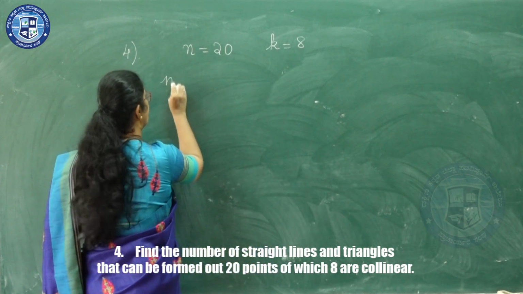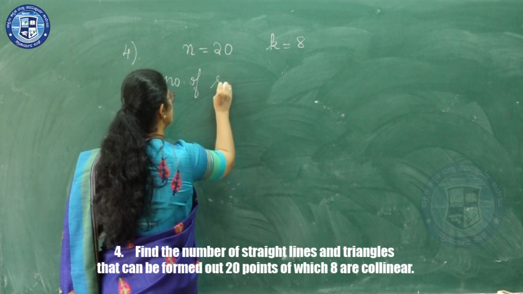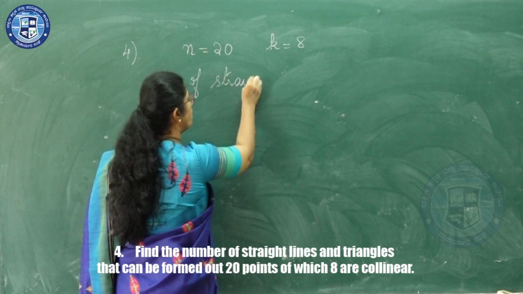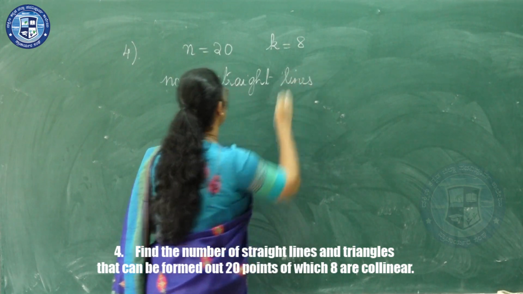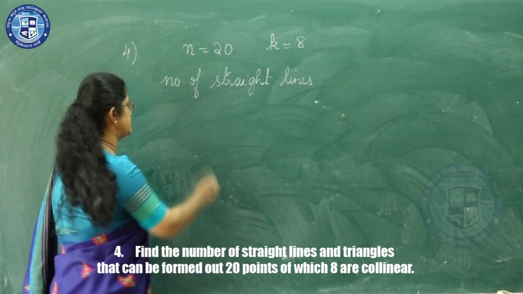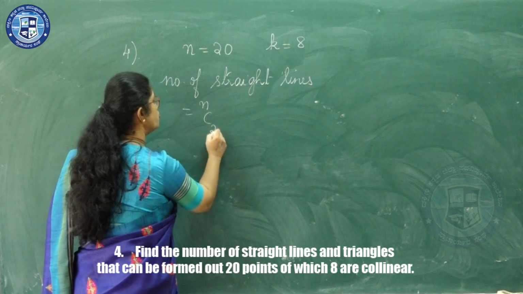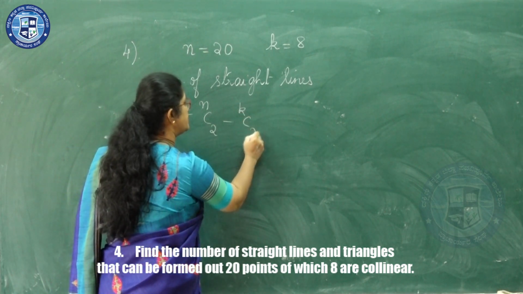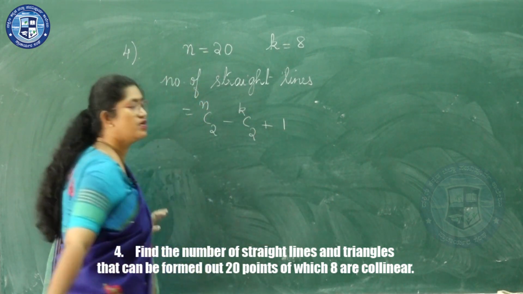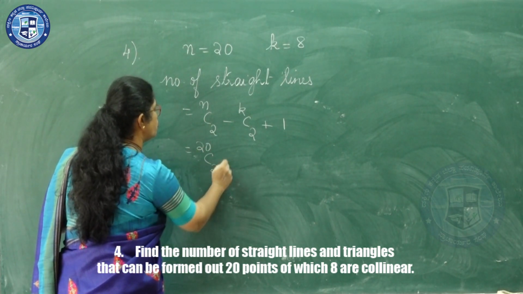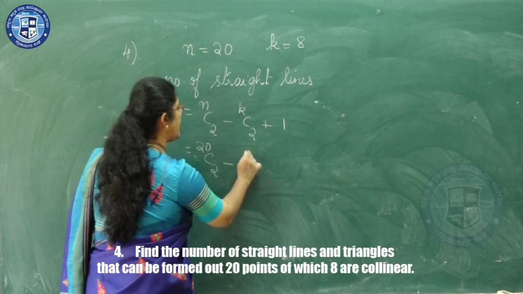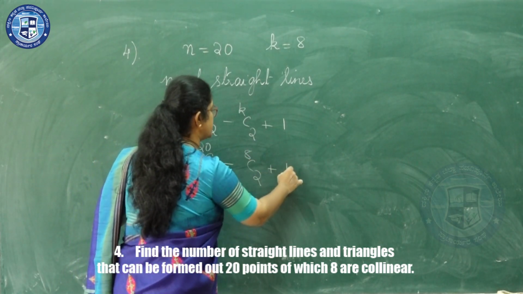We are asked to find the number of straight lines that can be formed using these points. The formula for the number of straight lines is NC2 minus KC2 plus 1. So this will be equal to 20C2 minus 8C2 plus 1.